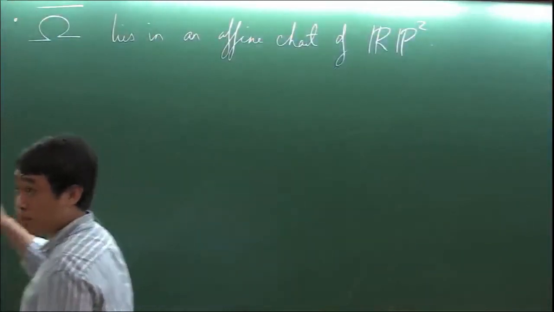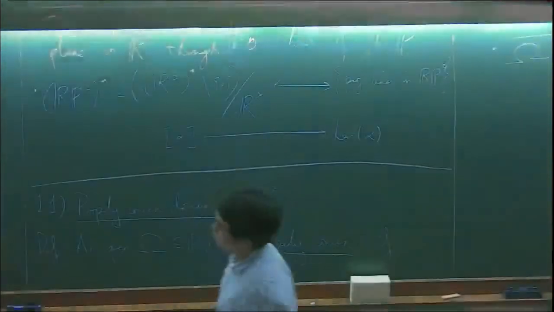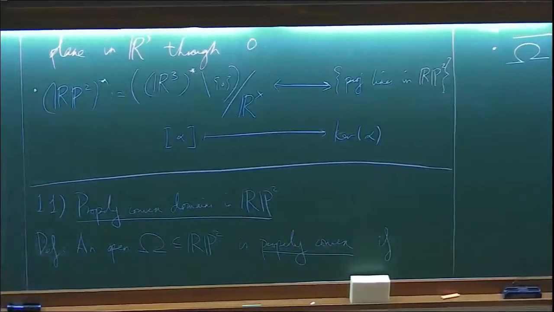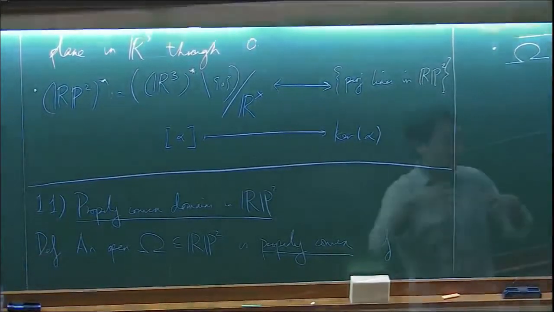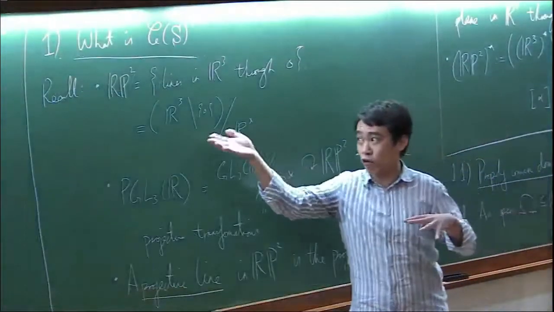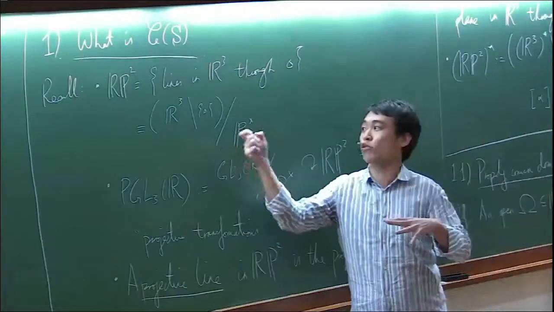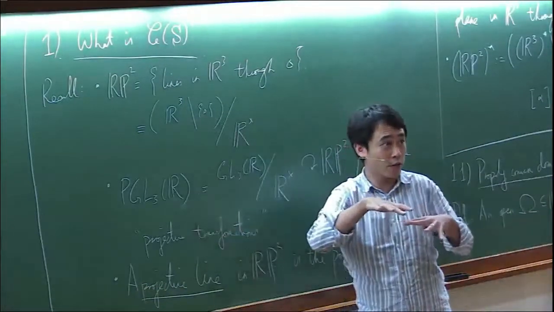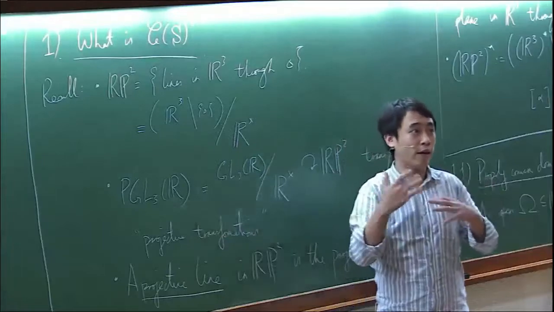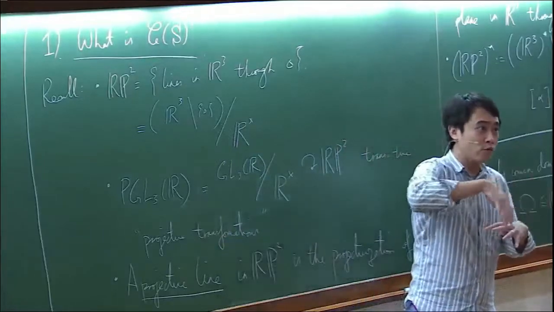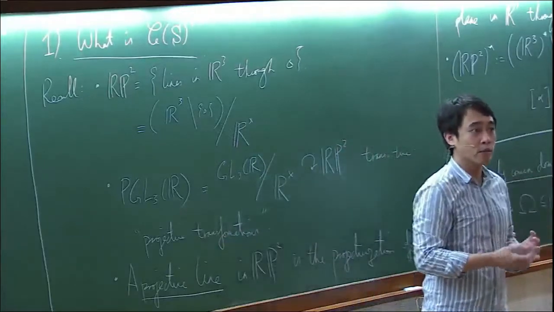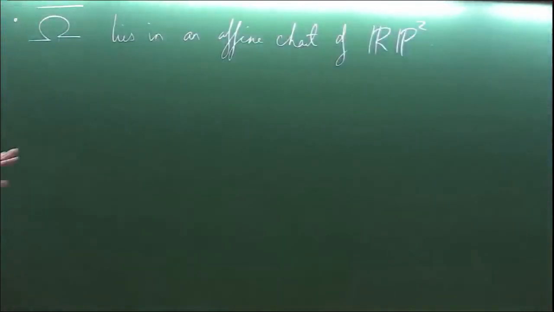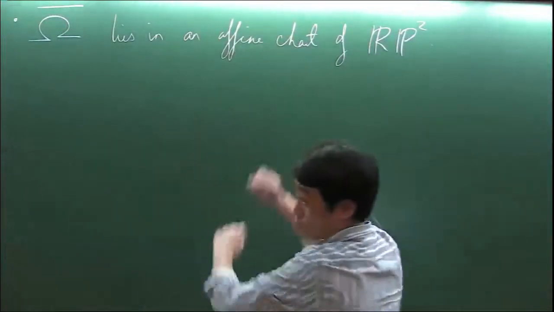The natural geometry is affine geometry. Namely, if you take the set of projective transformations that leaves this open set invariant, that is a subgroup of PGL3, and it turns out to be isomorphic as a geometry to the affine group acting on affine space. That's why we call this an affine chart of RP2.